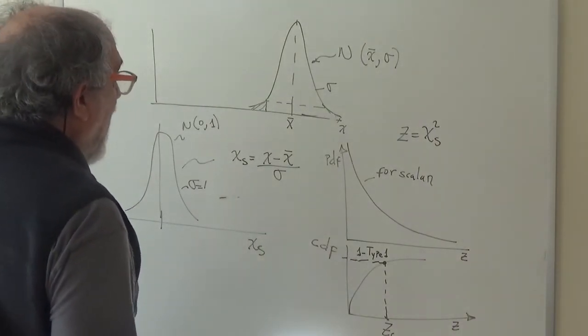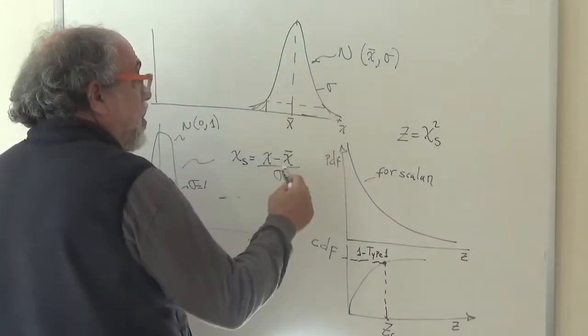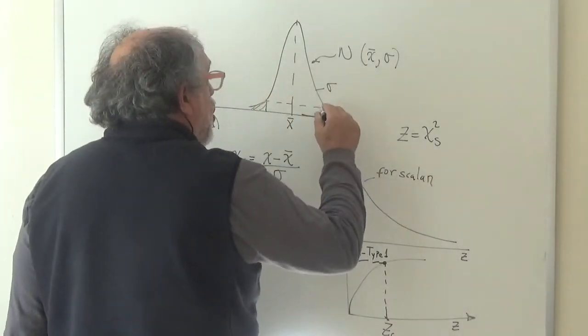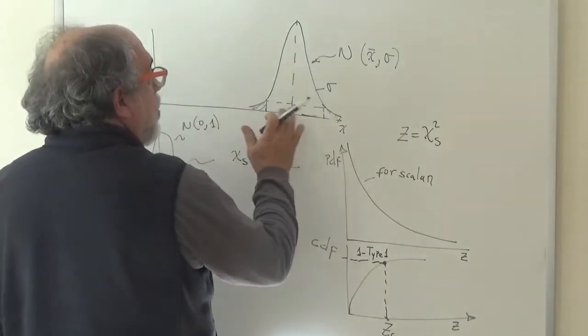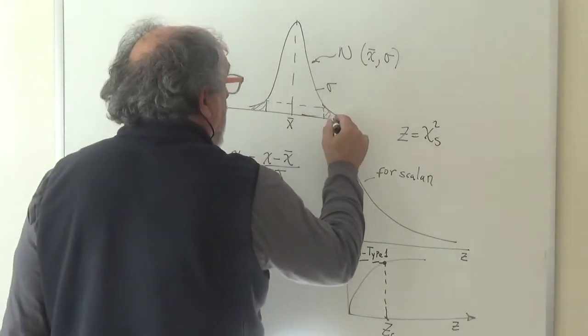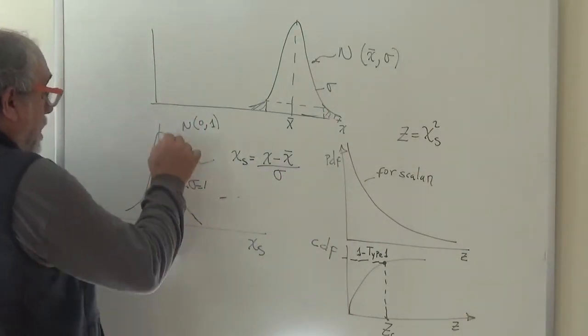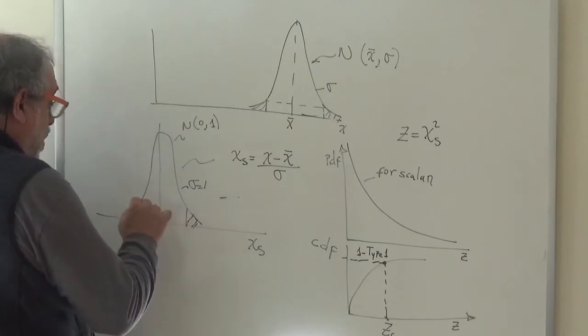However, when we do the chi-squared, we are squaring the observation, and therefore it is no longer possible to discriminate between things that are on this side or on this side of the mean, right? Because we are looking, in the standard case, at the square of the variable.